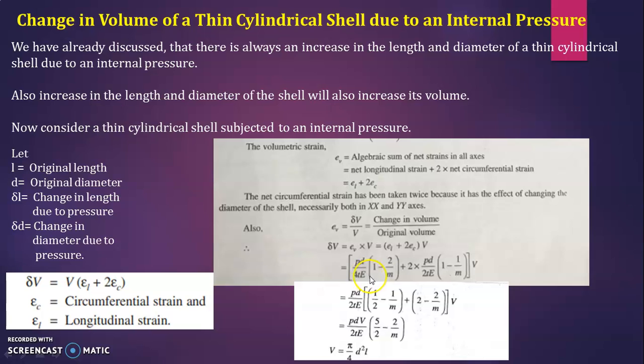If you substitute those values and simplify, you get delta V is equal to PdV divided by 2TE into 5 divided by 2 minus 2 divided by m, where V is equal to area into length, pi by 4 d square into L.